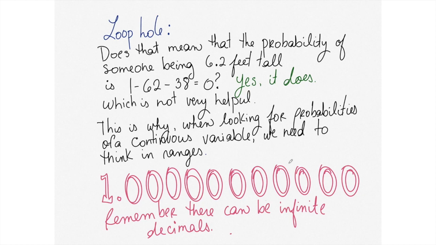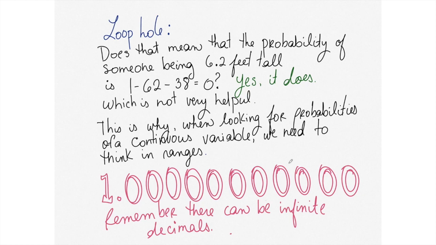If we subtract from 1 the probability of someone being shorter than 6.2 feet tall, minus 38%, which is the probability of someone being taller than 6.2, we would get 0. And that's not very helpful to us.